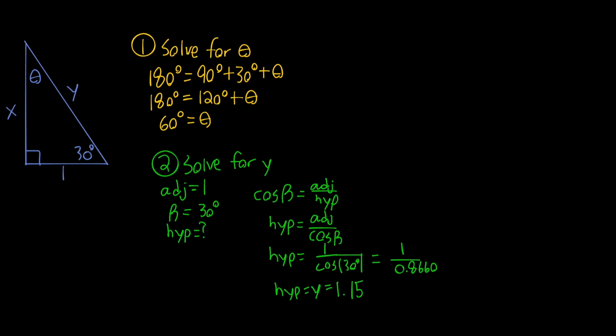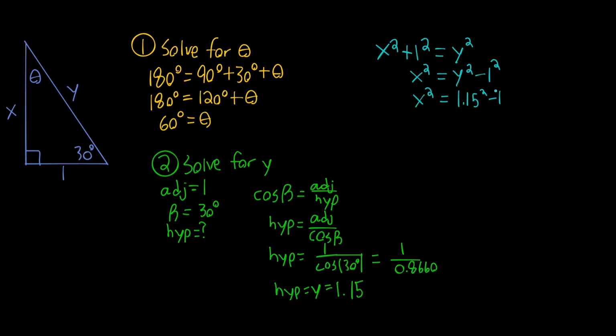And the final step of this is that we are going to solve for the side x. So x squared plus 1 squared is equal to y squared. Well, to isolate for x, this gives me x squared is equal to y squared minus 1 squared. So x squared is going to be equal to 1.15 squared minus 1.